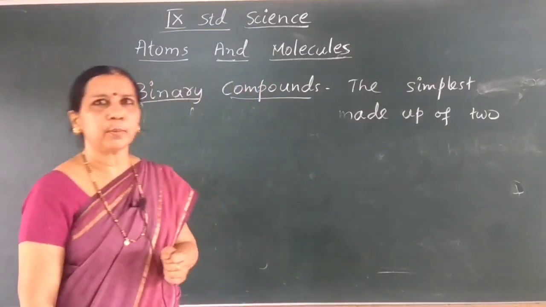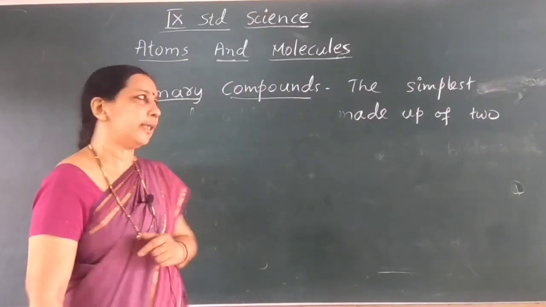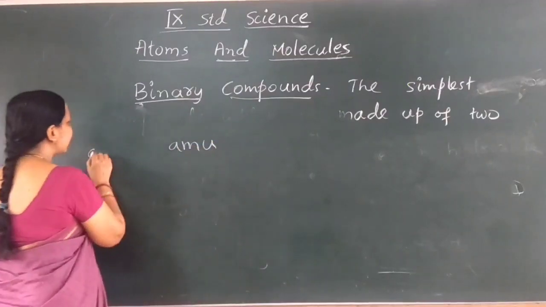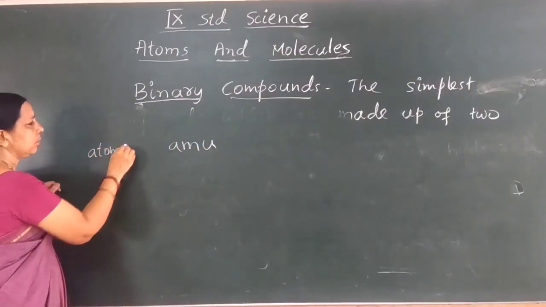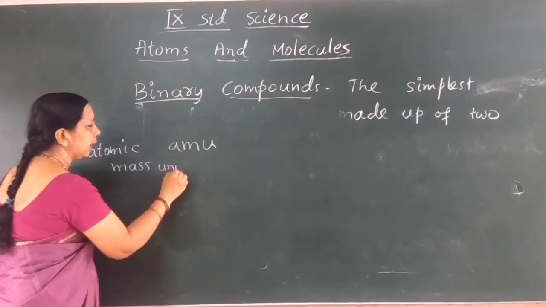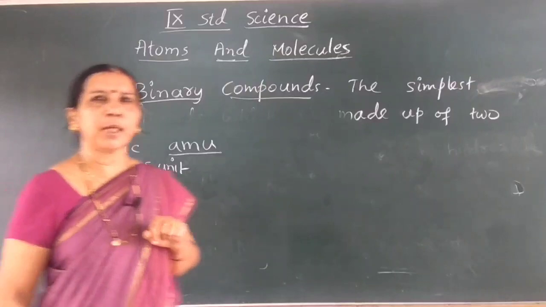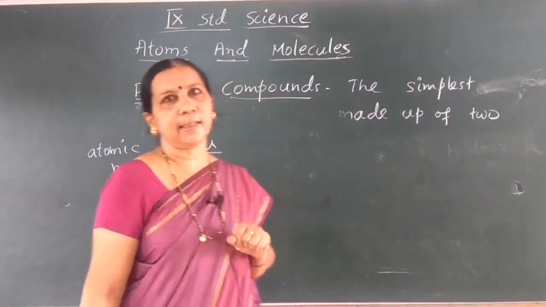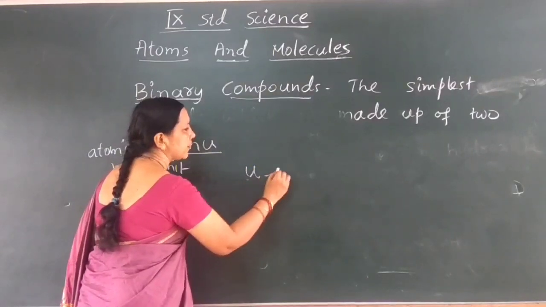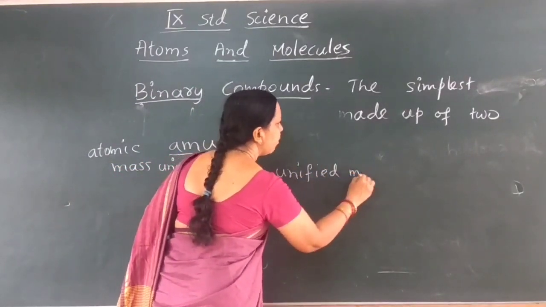What is the unit? Atomic mass unit we call, AMU. In short, it is written as AMU, but now according to IUPAC recommendations, it is written as u, in the sense unified mass.